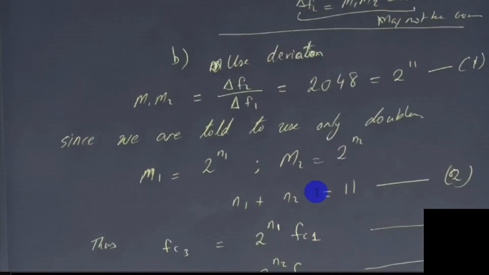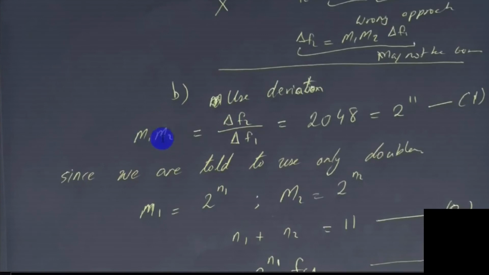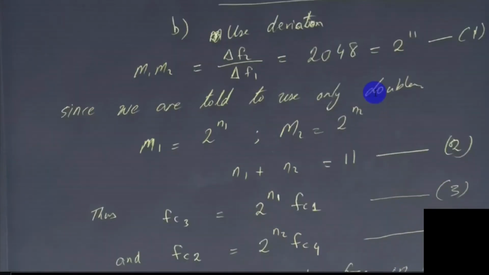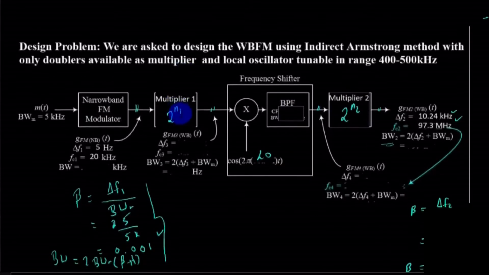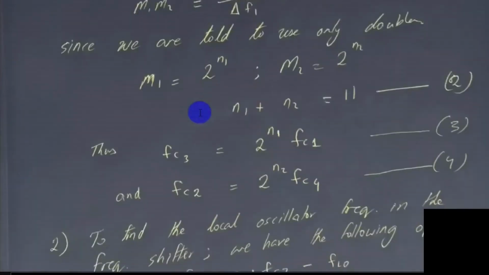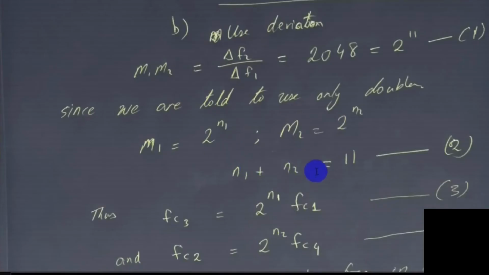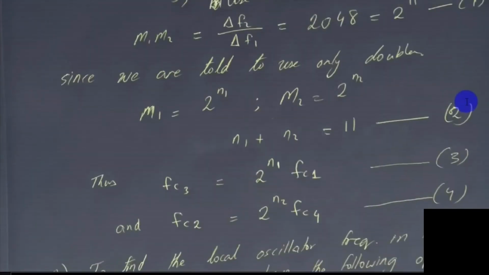The second thing is, since we know that the multiplication M1 M2 is equal to 2 power 11, what we can estimate is that M1 is 2 power n1 and M2 is 2 power n2. So 2 power n1 times 2 power n2 will be equal to 2 power n1 plus n2. This states that n1 plus n2 should be equal to 11. So this becomes our second equation.